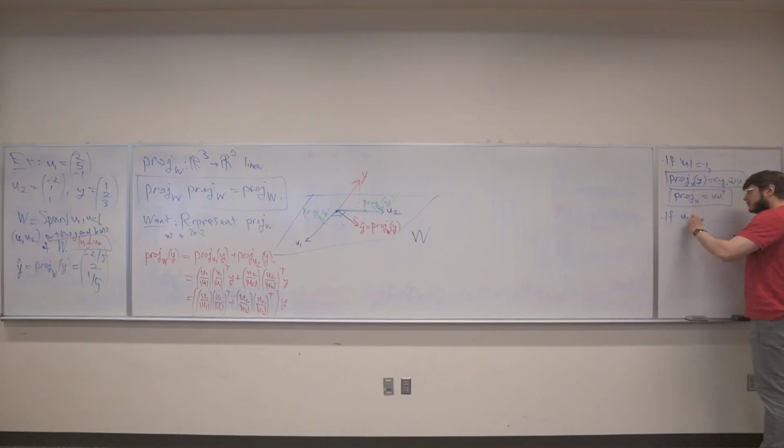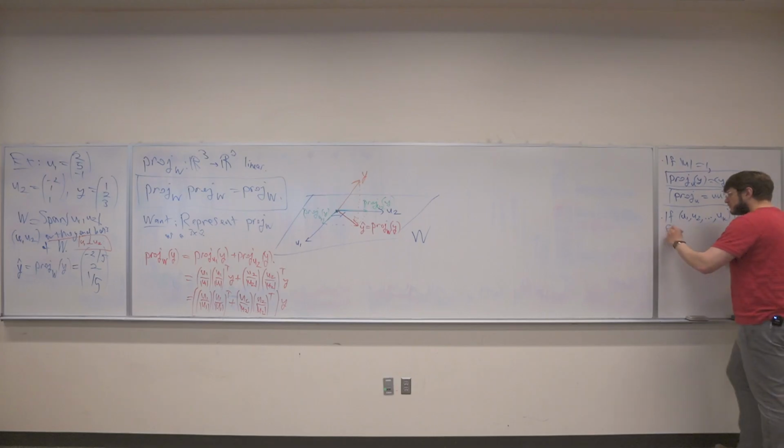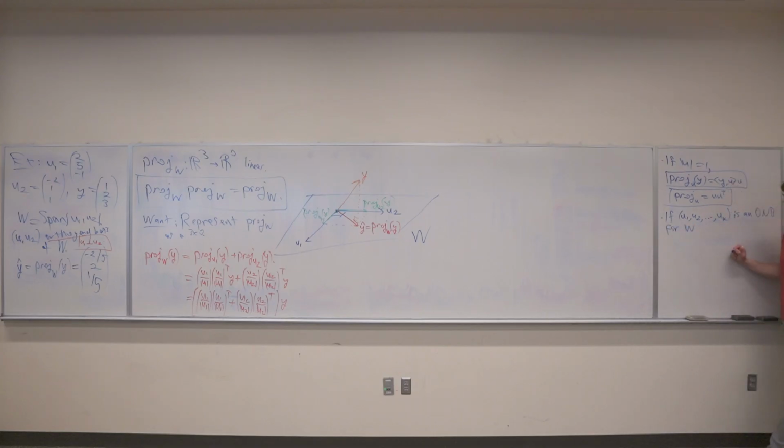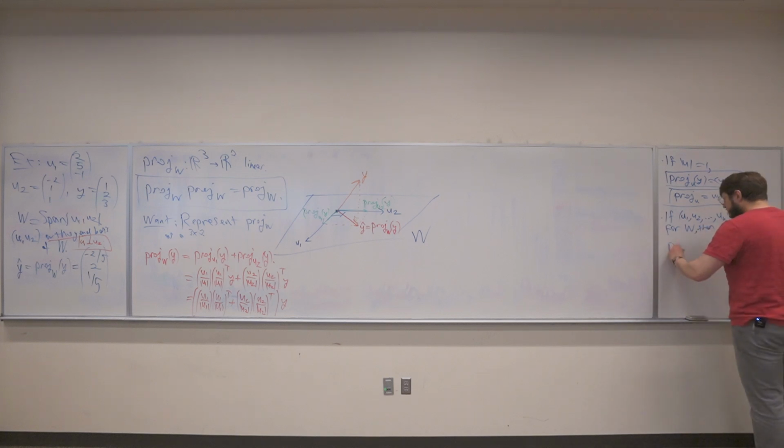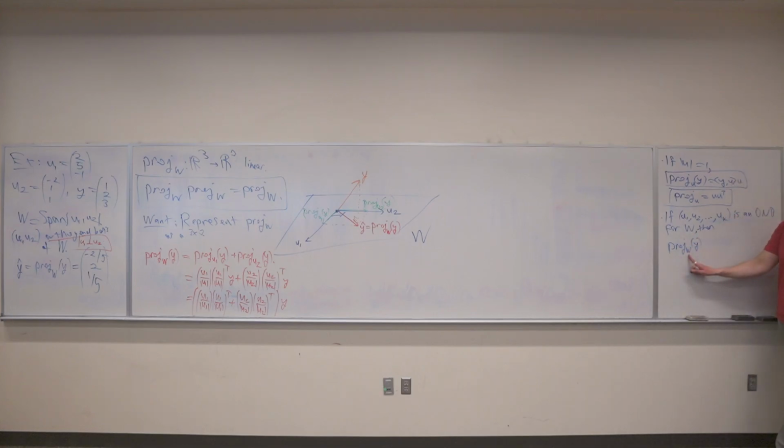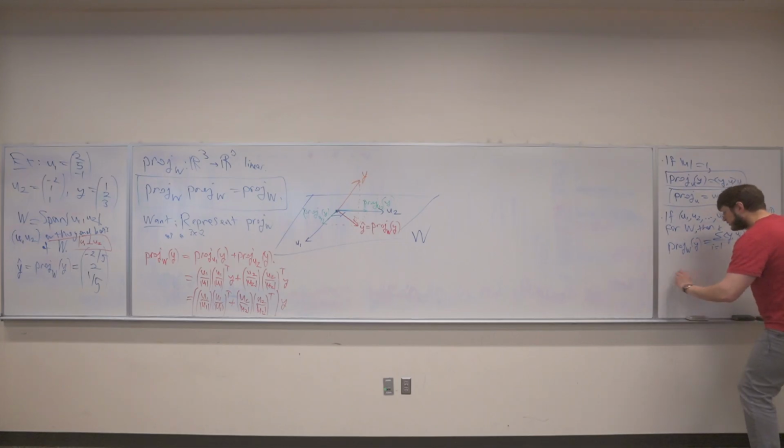If, let's say, u1, u2, dot, dot, dot, uk is an orthonormal basis for W, that is to say W is the span of these, then the orthogonal projection onto W is the sum of these expressions. Okay, or I can just write it like so.